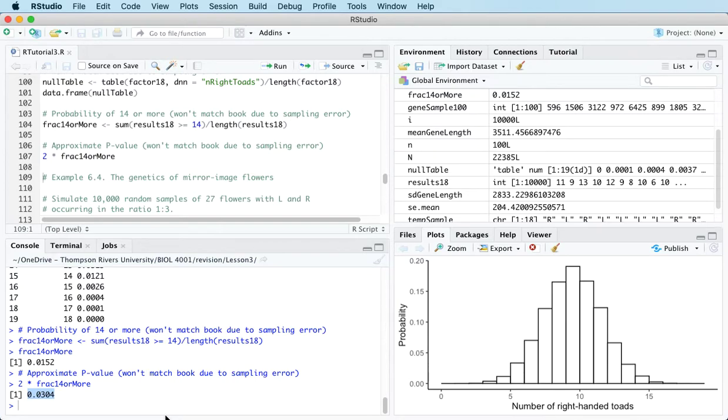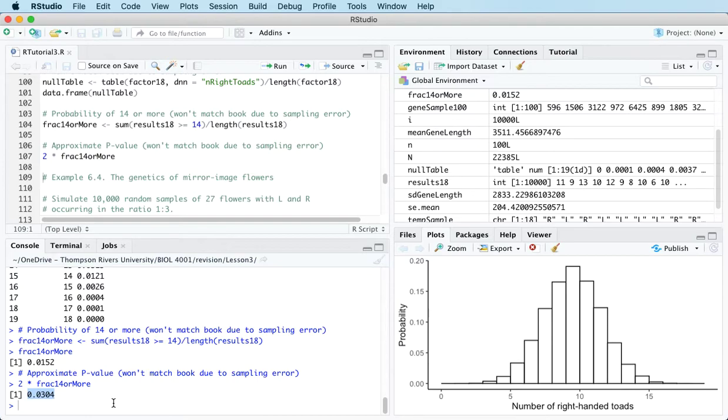So what this is telling us is that that result that we got in our experiment with 14 right-handed toads, if the null hypothesis were true, we've seen something pretty unlikely, with only about a 3% chance of happening.